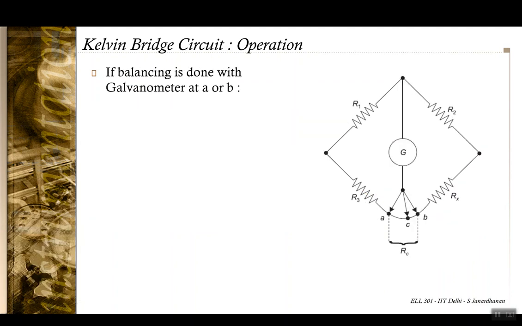Now let's look at what is the problem. RC is comparable to Rx, not equal to Rx. How does that affect the entire reading?